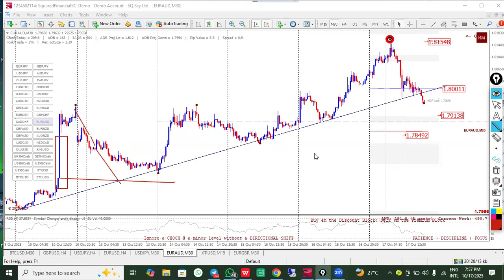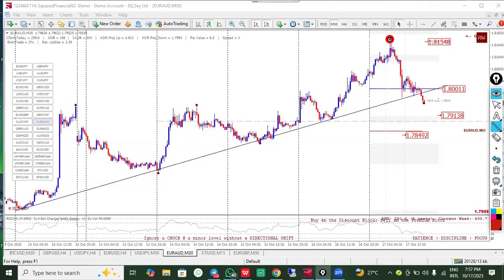Are you also seeing that there was an inefficiency created here? Just watch. Are you seeing this one? Right? What did the market do after creating that inefficiency? The market came back and filled that inefficiency here. Are you seeing when the market filled the inefficiency? The market filled the inefficiency and continued to the upside.